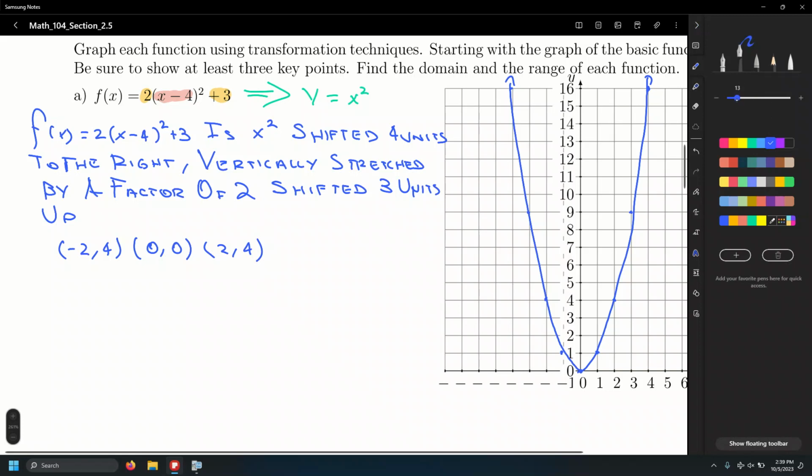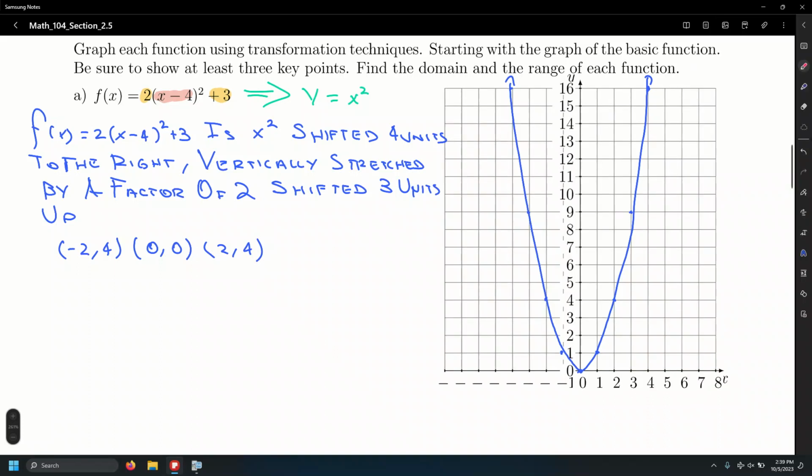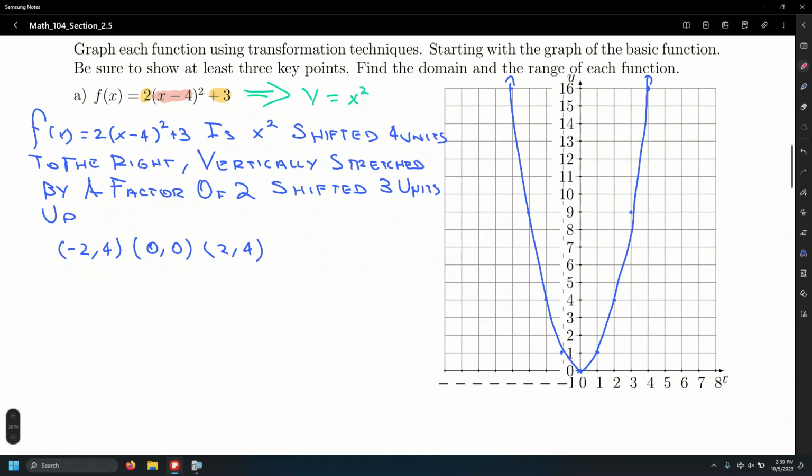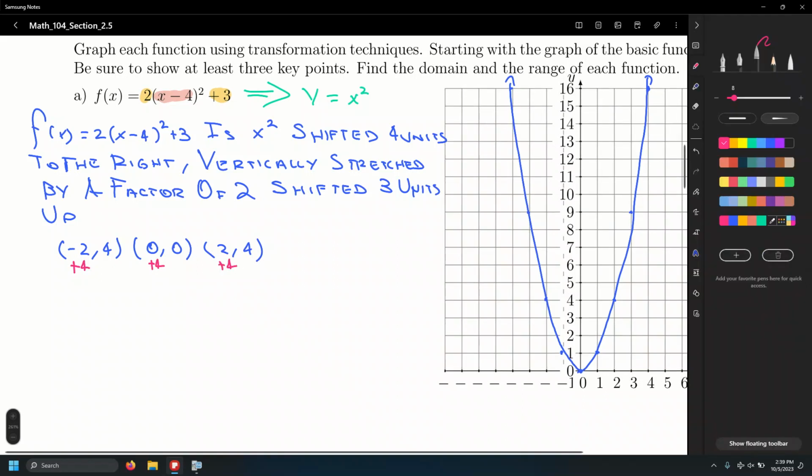So plus 4, and plus 4. That's going to give us a whole new set of ordered pairs.